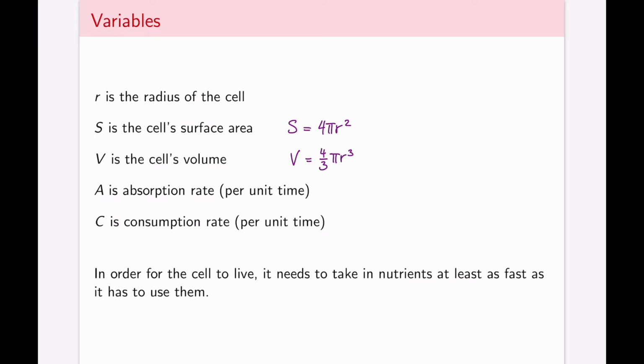In order for the cell to survive and thrive, the absorption of nutrients has to be greater than or equal to the consumption of nutrients, so that we have some reserve food.